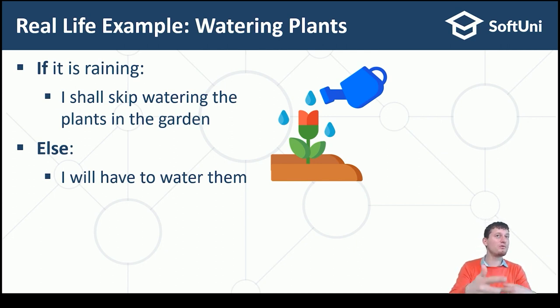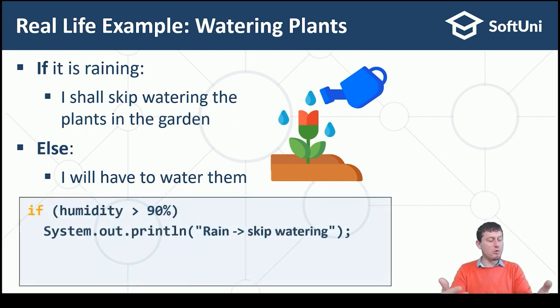So if we want to automate our watering system in our garden, we may have something like this. We may need some sensor which checks the humidity with some controller, and this controller, or this small chip which controls the watering system, will check the humidity.